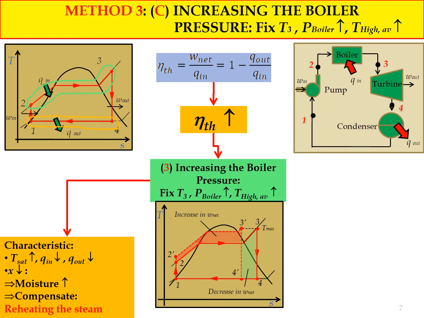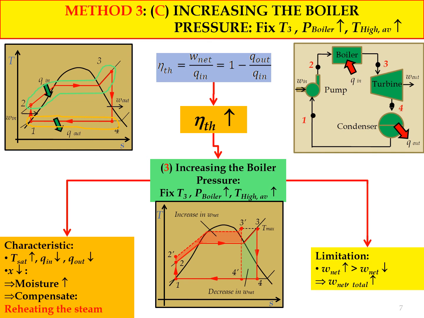However, the vapor content will be decreased and the moisture content will be increased. However, we can compensate for these drawbacks of the moisture by using a reheating system or reheating the steam.